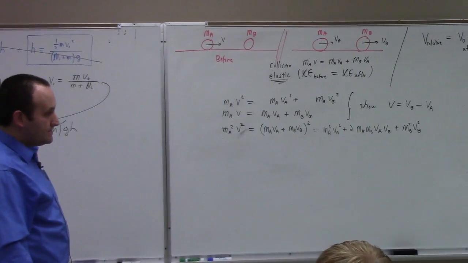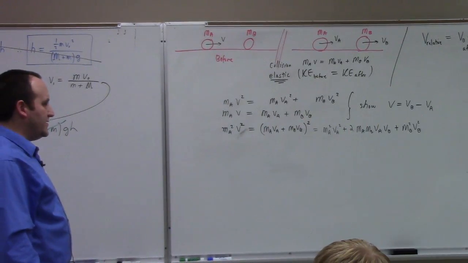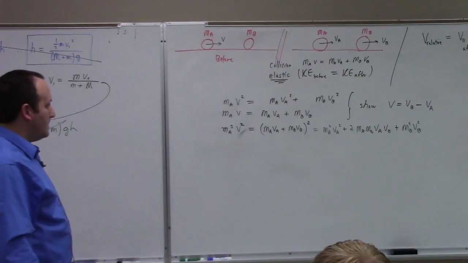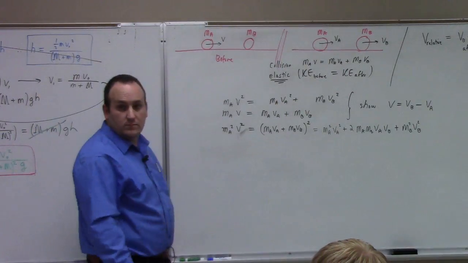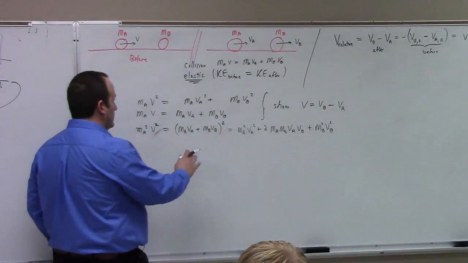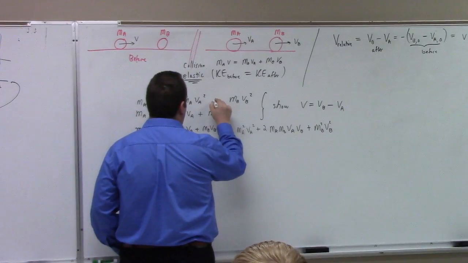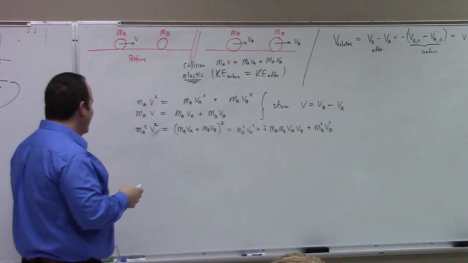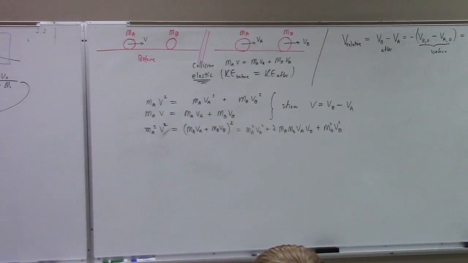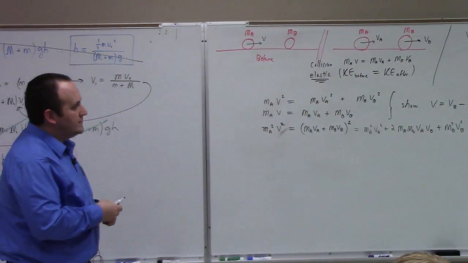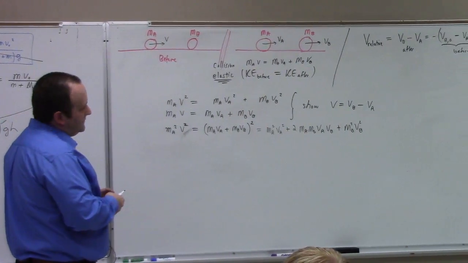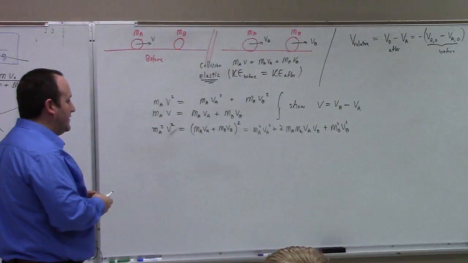What's that? There's just so many things. I couldn't hear you. You said there's so many things. Oh, well, yeah, I would guess so. So we need to eliminate, let's see here. I want VB minus VA, right?